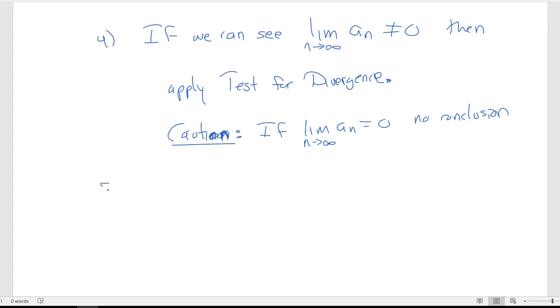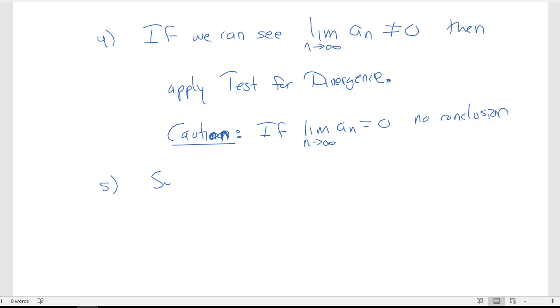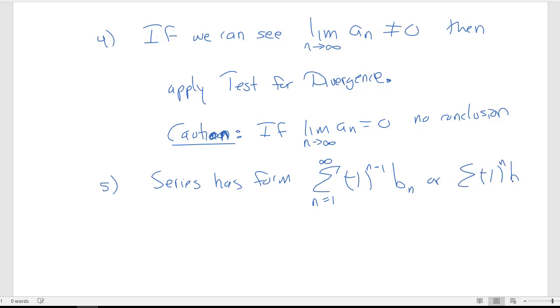The next form of test we looked at was the alternating series test. So if the series has the form, it's going to alternate, right? Some books say (-1)^(n-1) times b sub n, n goes from 1 to infinity, which makes the first term start positive. We could have the first term start negative.